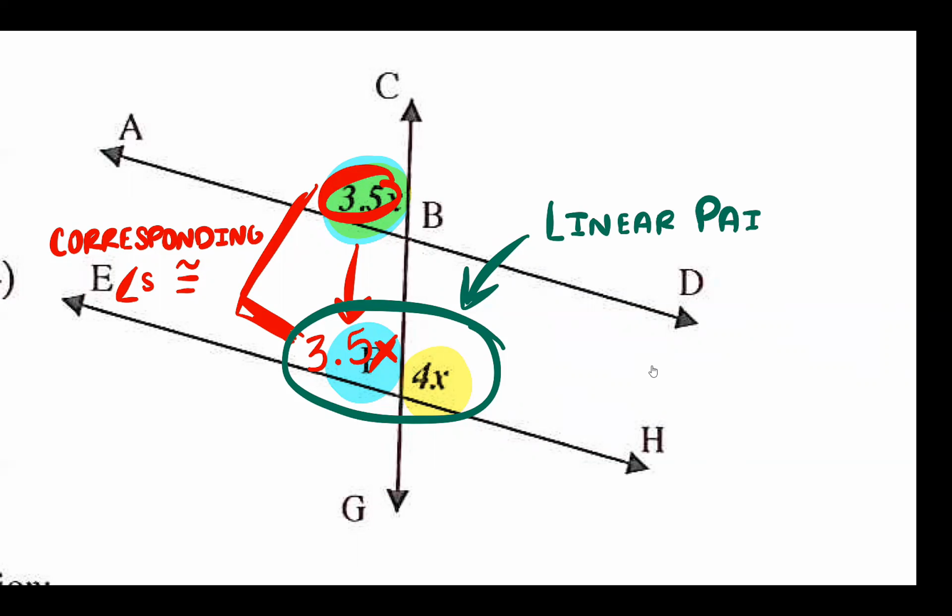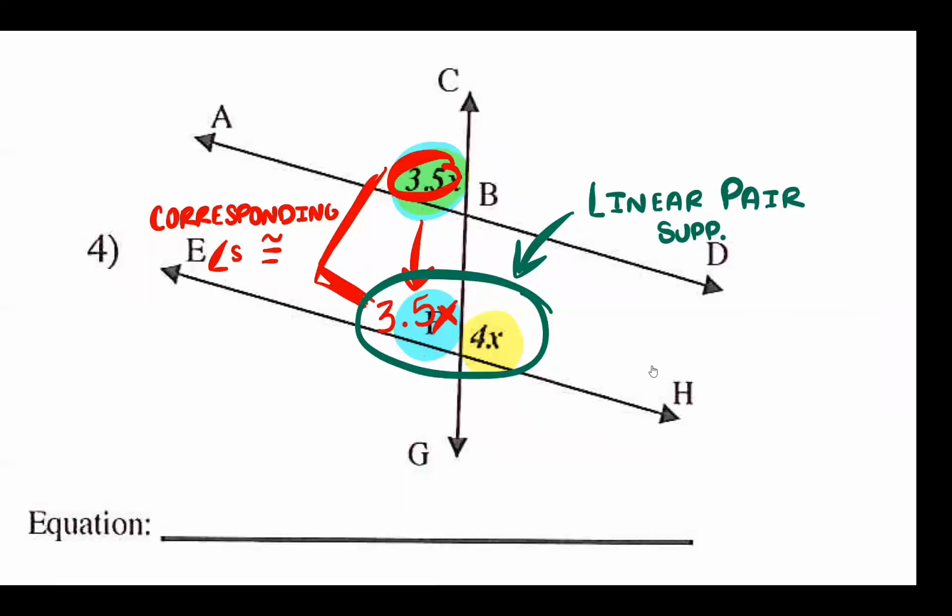And in our linear pair, is that a congruent relationship or a supplementary relationship? It is supplementary, which means their sum equals 180.